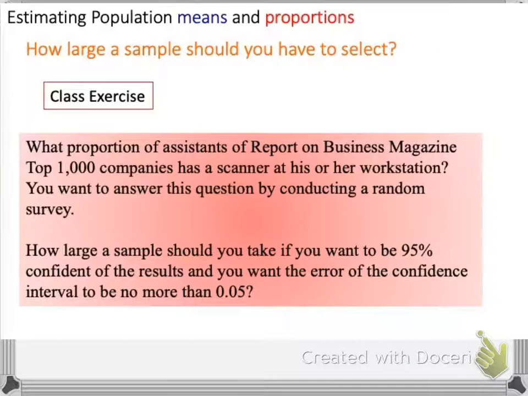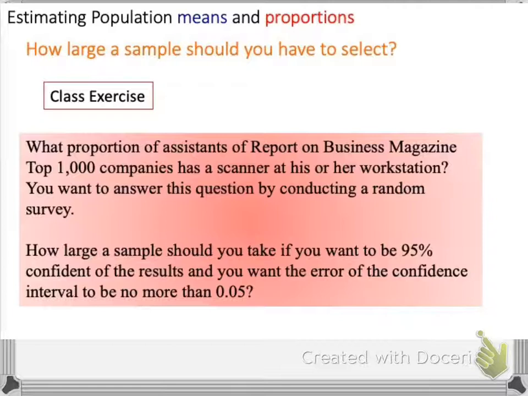Let's see one more example before you try one. What proportion of assistants of Report on Business magazine top 1,000 companies has a scanner at his or her workstation? You want to answer this question by conducting a random survey.